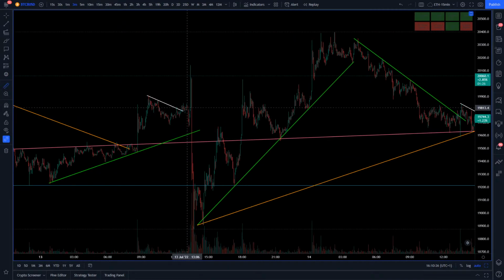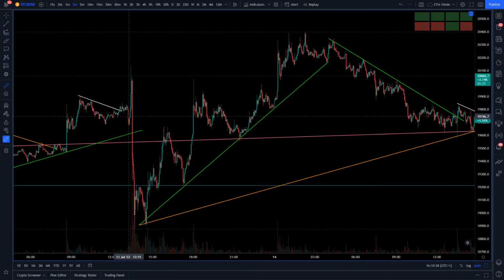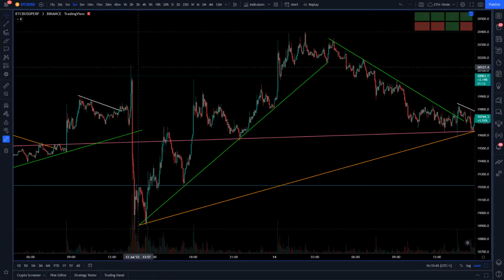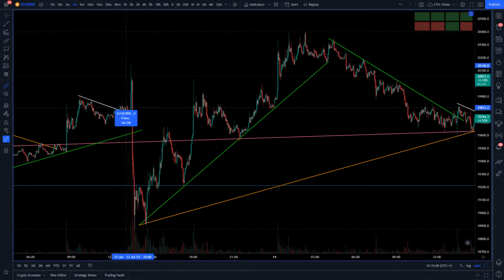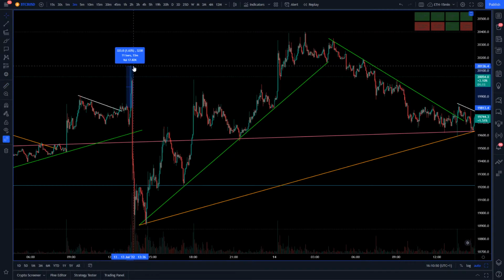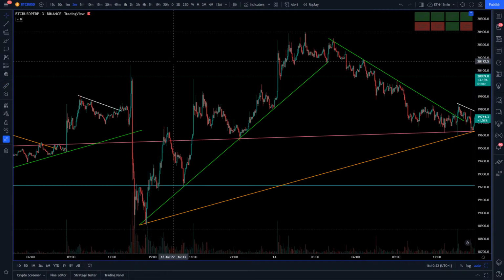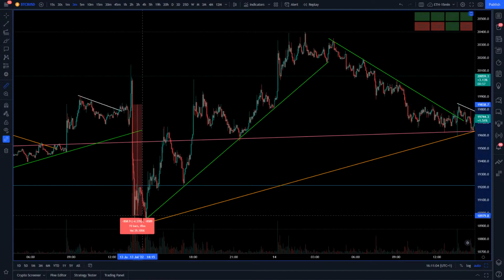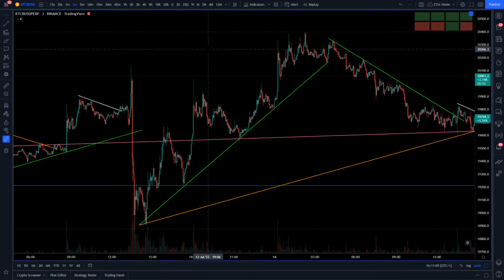Yeah, it's not a good place to take a long, but if you did long here, you'd hit your stop loss anyway. If you didn't put a stop loss, yes, you could make 1.5, 1.6% before it hits your stop loss. If you don't put a stop loss, you'll be in a sad situation where you would see minus 5%.